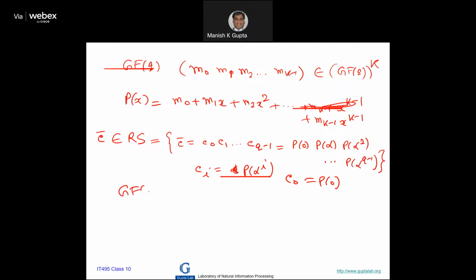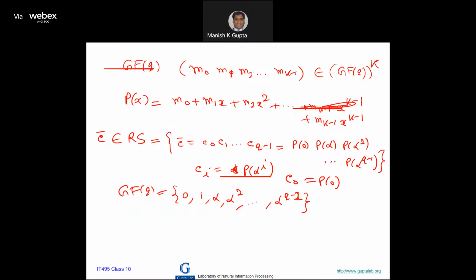So our field GF(Q) is nothing but 0, 1, alpha square, ..., alpha raised to power q minus 1. 1 is missing here, right? I mean, this is q minus 2 actually, right? If 0 and 1 should be there actually in the field, right?